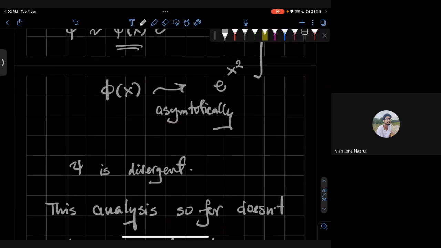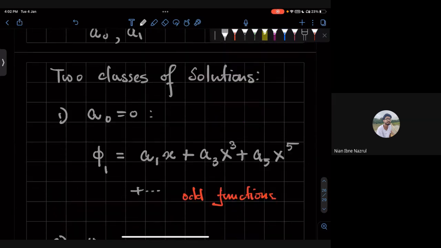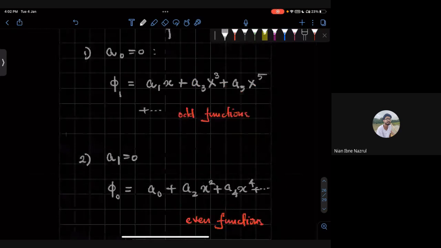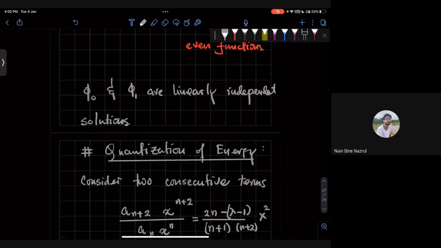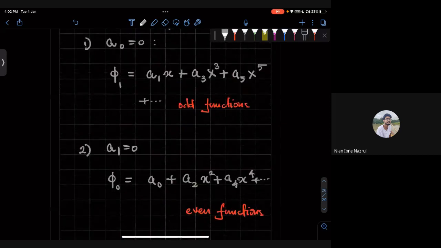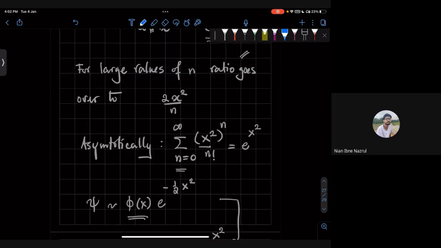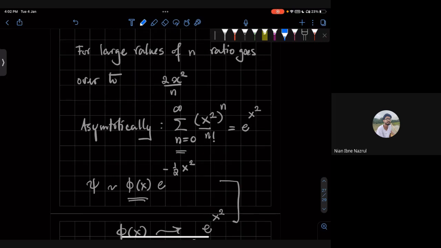So the way to solve this problem is to go back and say that, okay, what if in our series, the value of lambda was such that at some point, the series truncated, okay? In that case, the asymptotic behavior will no longer be of this form.